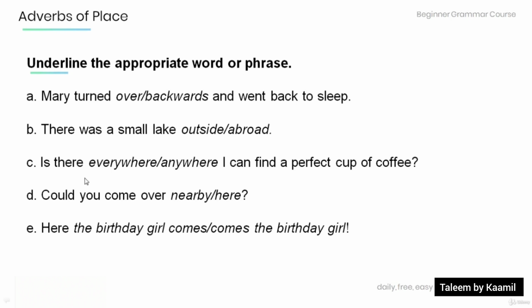C. Is there everywhere, anywhere, I can find a perfect cup of coffee? D. Could you come over nearby, here? E. Here the birthday girl comes. Comes the birthday girl.